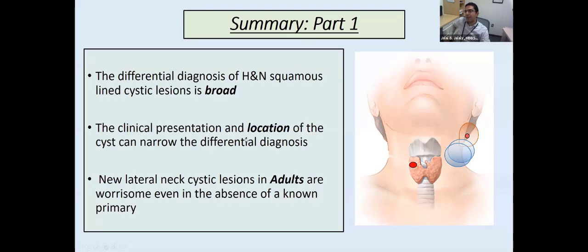I've highlighted the fact that location is extremely important, and by combining the clinical history and radiological features, you can narrow down the differential diagnosis. But just keep in mind that the older the patient gets, the more concerned you should be about a hidden malignancy, and that's usually how clinicians approach these cases as well.